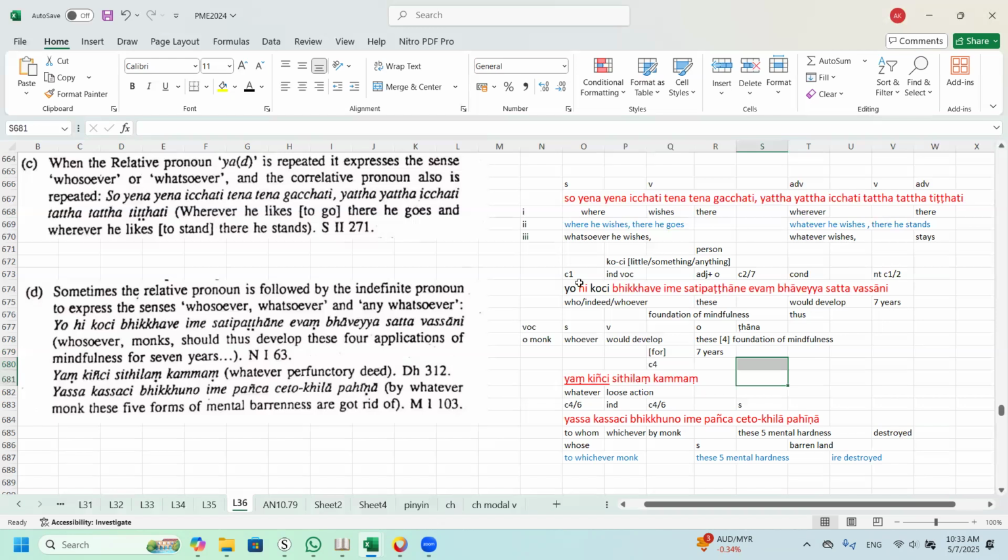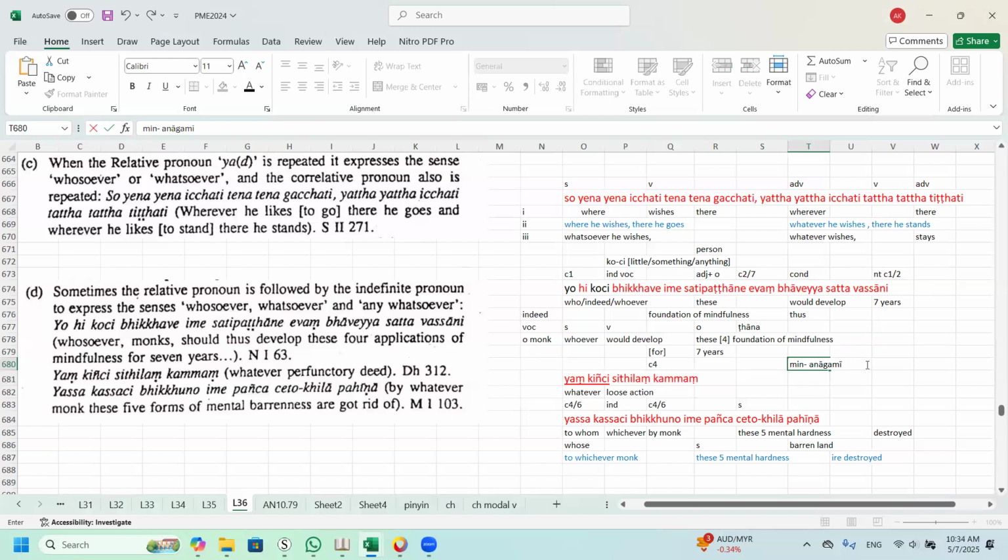So one keyword here is this one. You can start here: indeed, O monk, also can, no problem. Indeed, O monk, whosoever develops these four foundations of mindfulness for 7 years, at the minimum you will become an anagami.